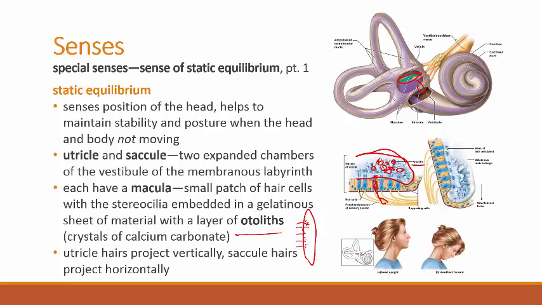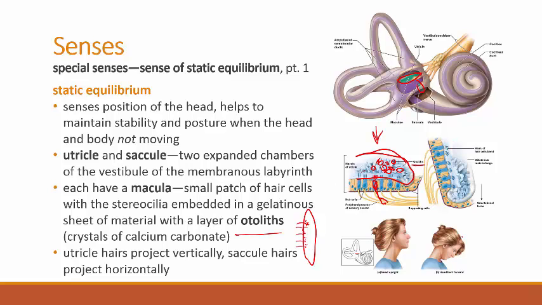So let's take a moment then and look at what happens as we tilt the head. So the head is upright, and here the utricle is not giving any information because there's no deflection in the stereocilia of the hair cells.